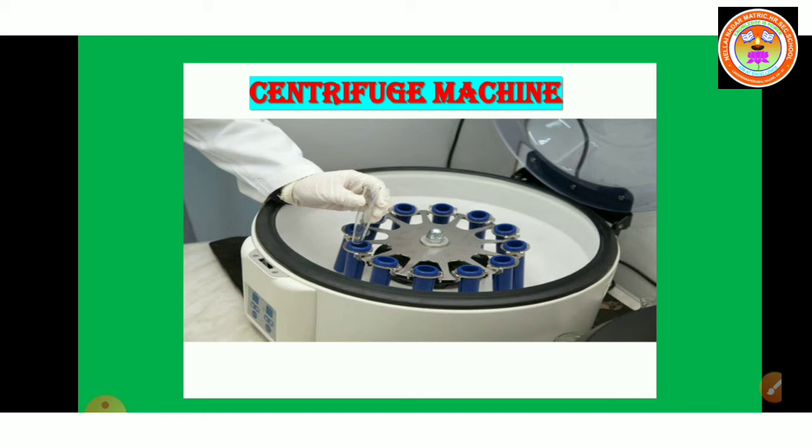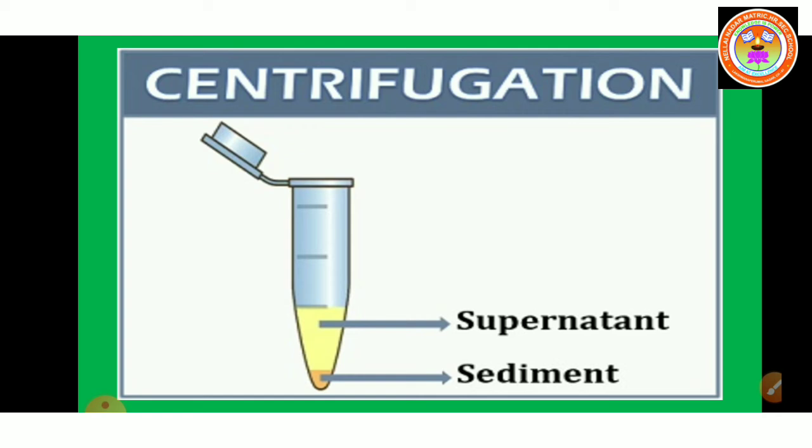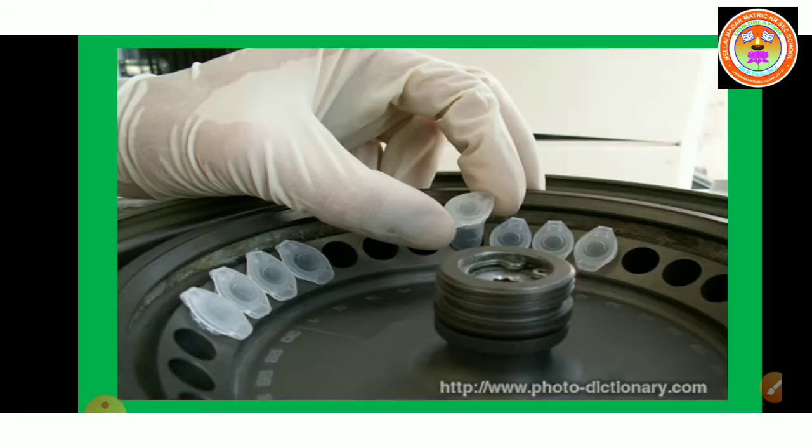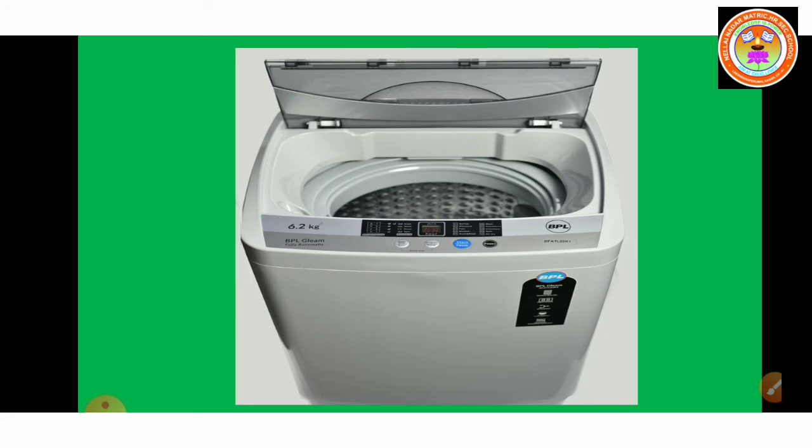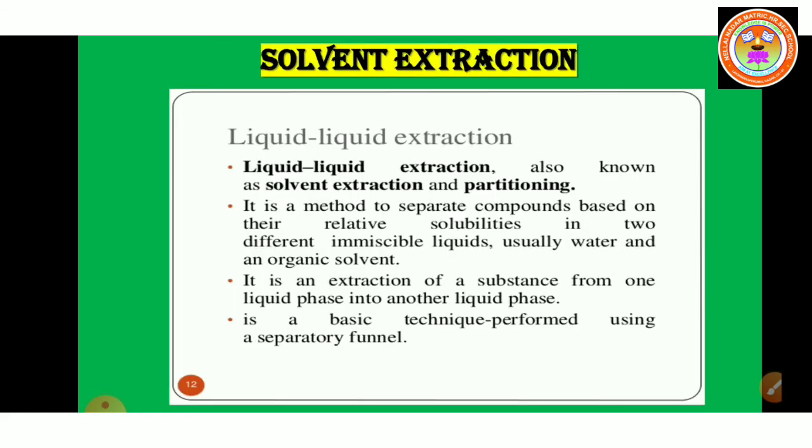On being rotated, by centrifugal force, the heavier solid particles move down and the lighter liquid remains at the top. Centrifugal force is also used in pathological laboratories to separate blood cells from blood samples. In a washing machine, the centrifugation principle is used to squeeze out water from bedclothes.